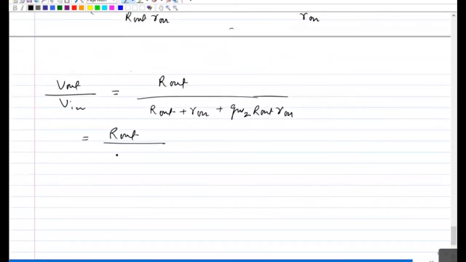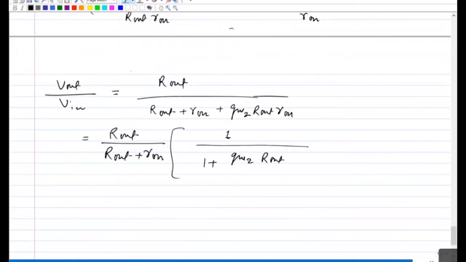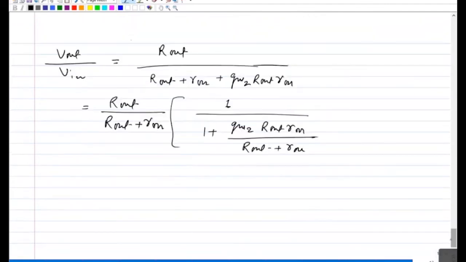R out over R out plus R on. So this becomes 1 over 1 plus GM2 R out RON plus R out plus RO.